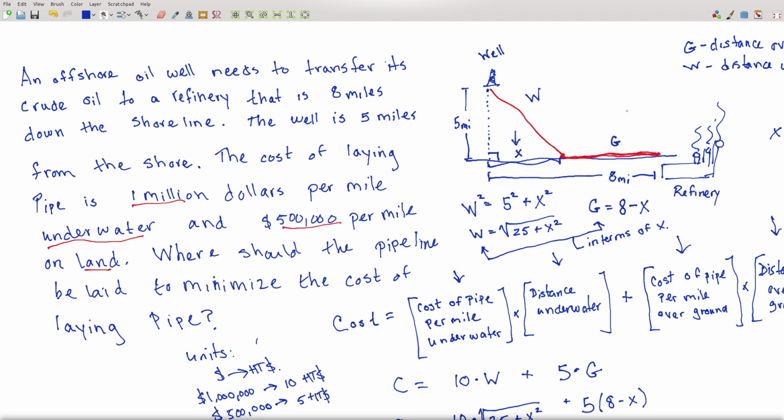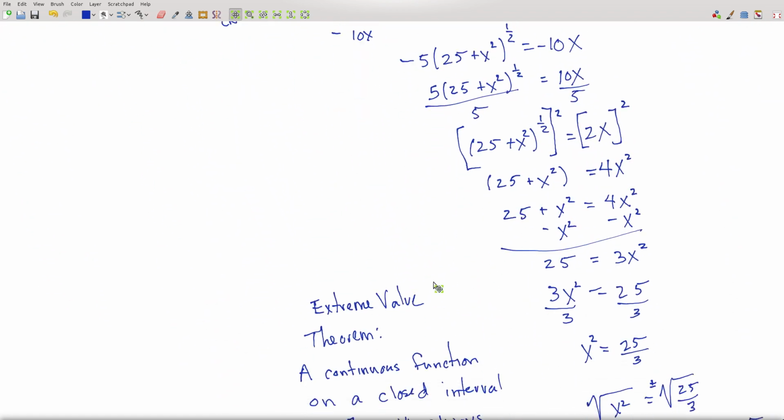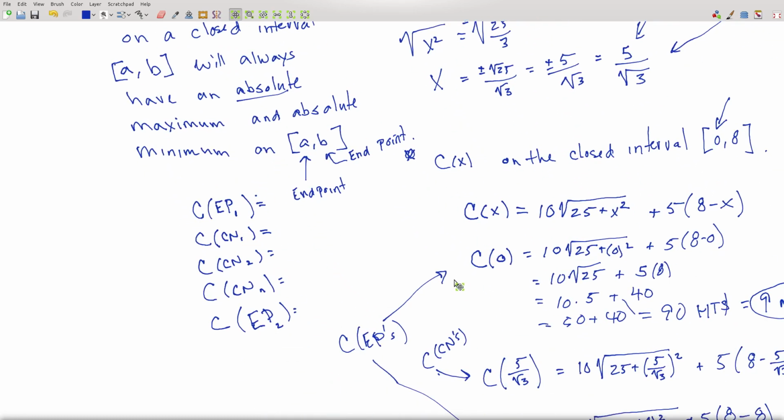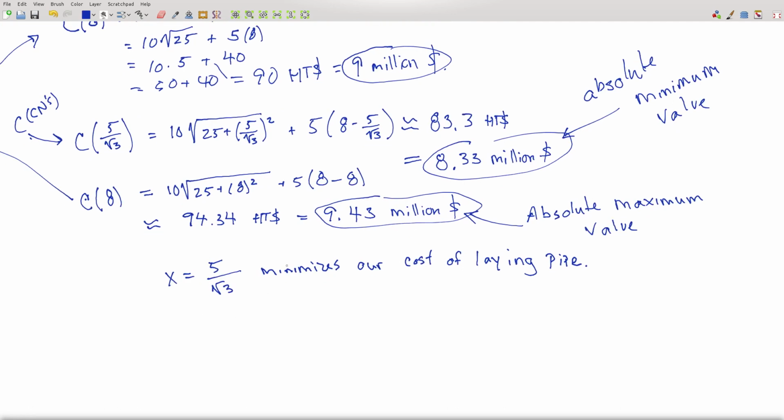So I think it would be nice to express the answer in terms of g, so we can say how far we should lay the pipe from the refinery along the ground. If I want to express the answer in terms of g, I just have to remember how g relates to x. That's just 8 minus x. So going back to write down my final answer, this is the value of x that minimizes the pipe.